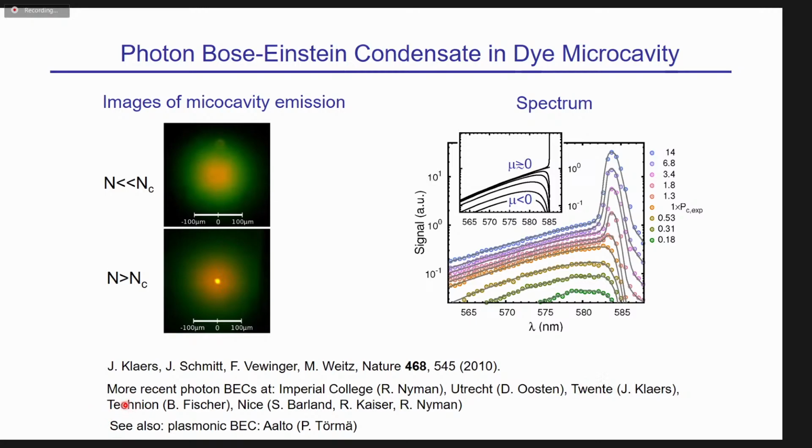Baruch Fischer has a photon BEC in fiber, and later today we'll hear experiments by Stefan Barland, who has evidence for photon BEC in a semiconductor microcavity, and also experiments on a plasmon BEC at Aalto University by the group of Tom, who uses dye molecules for thermalization.